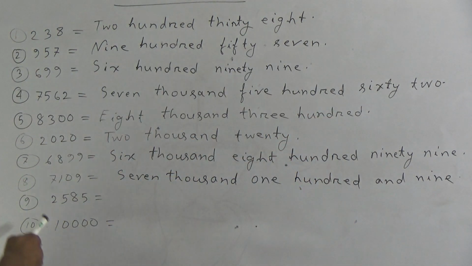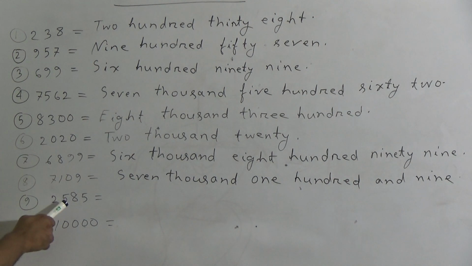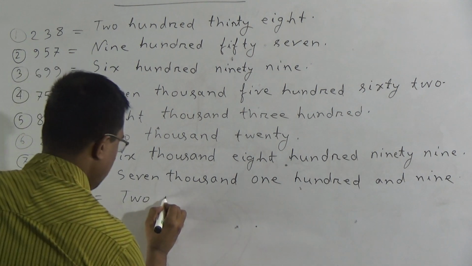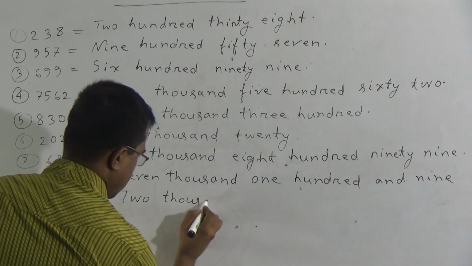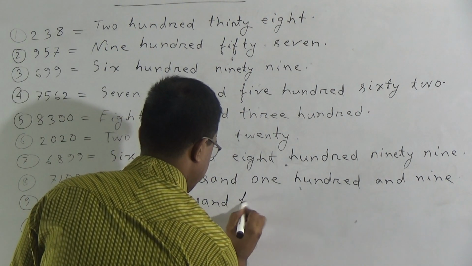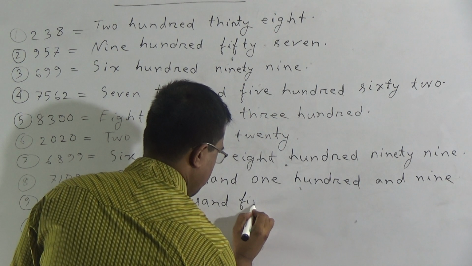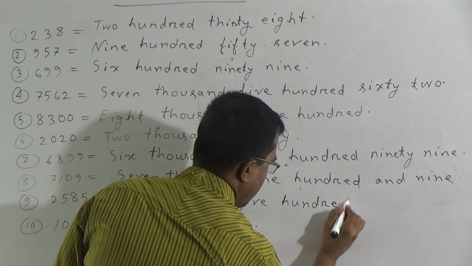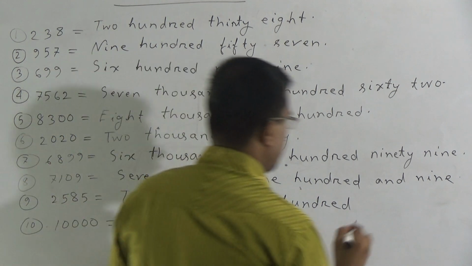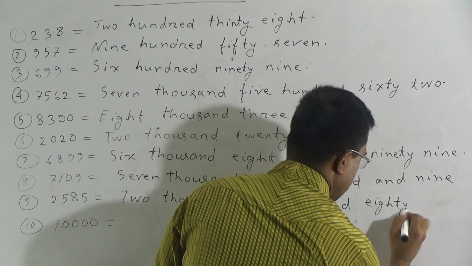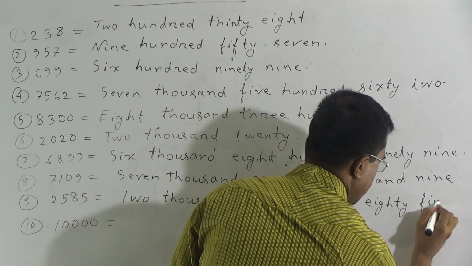Our next number 2585. Two thousand five hundred eighty five.